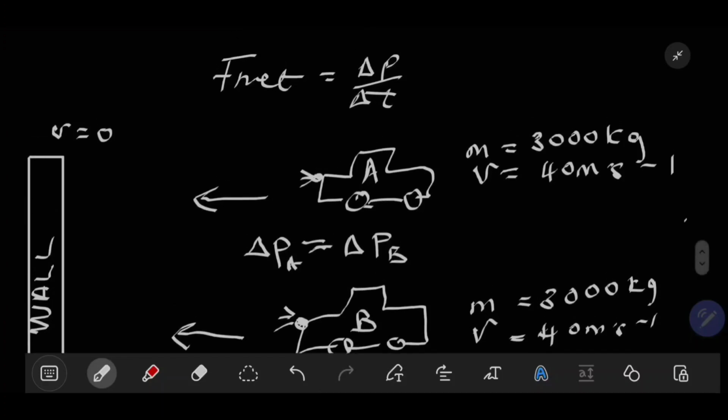So if the change in momentum is the same for both cars, how is the net force affected over time?